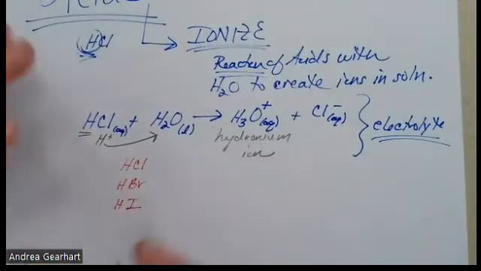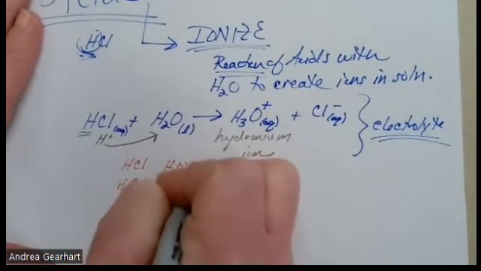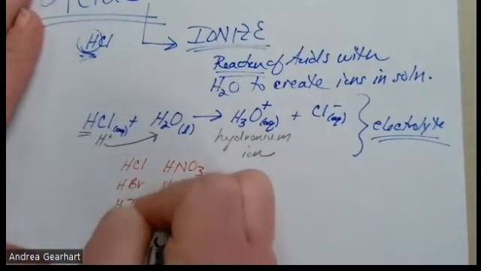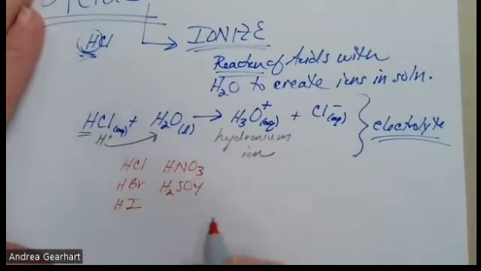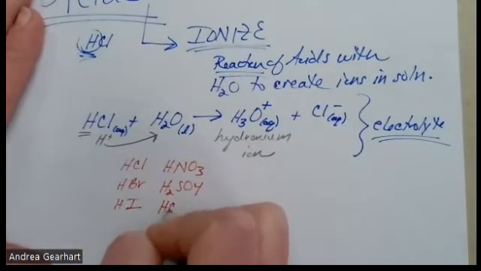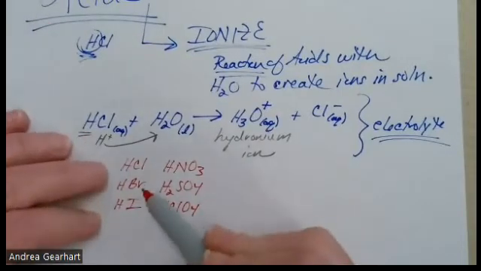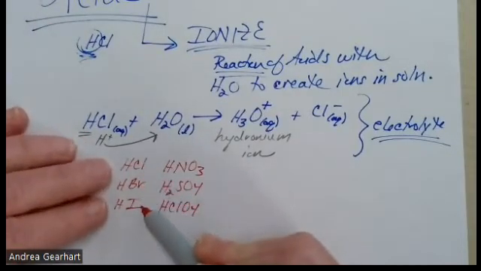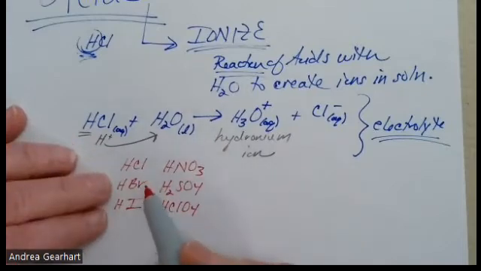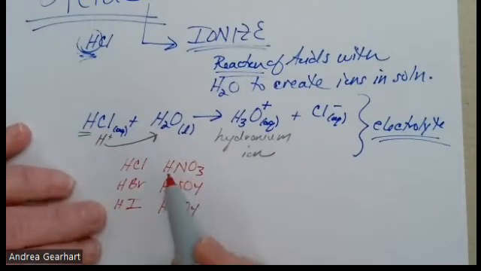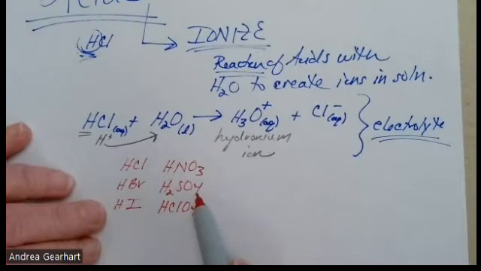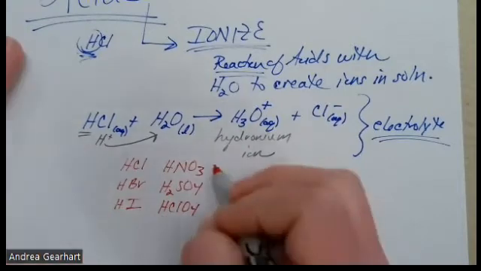What are some other acids that we've used in lab? HNO3, H2SO4, and the 6th is HClO4. All right, so HCl, HBr, HI: hydrochloric, hydrobromic, hydroiodic acids, nitric acid, sulfuric acid, perchloric acid.